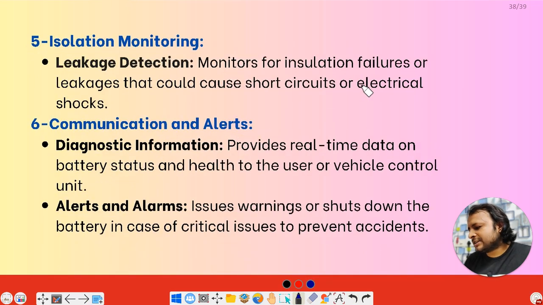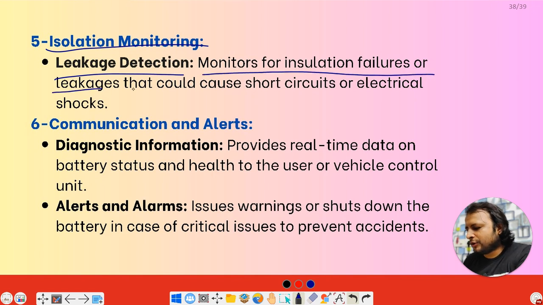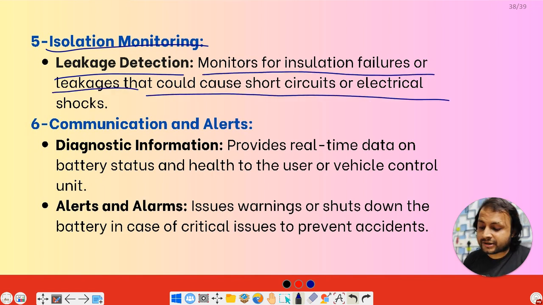And isolation monitoring, leakage detection, monitoring insulation failures and leakage that could cause short circuits or electrical hazards. If there is a leakage, it will be detected. And communication and alert, we just discussed before.